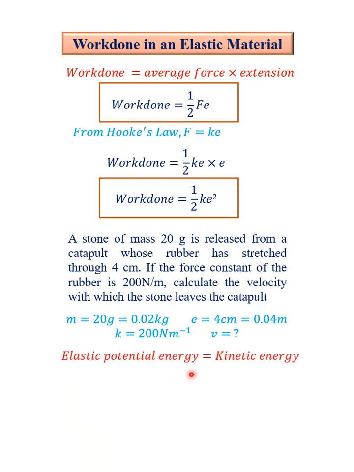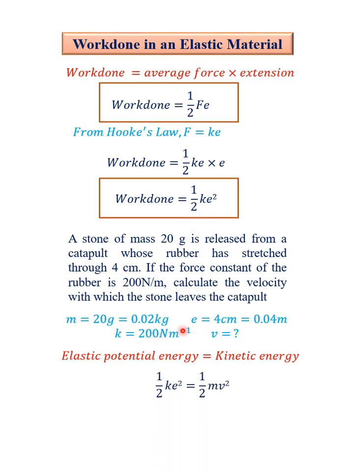Like I mentioned before, the elastic potential energy of the catapult will be converted into kinetic energy. So the elastic potential energy will be equal to the kinetic energy with which the stone leaves the catapult. The potential energy will be equal to one of these formulas, and looking at the parameters, the one that has K is this one.